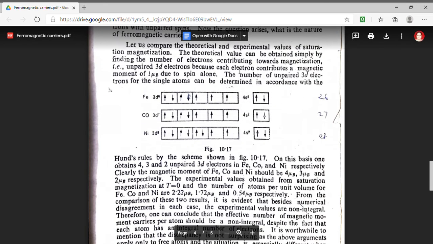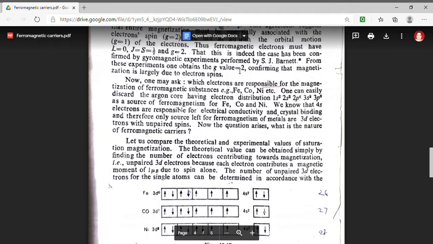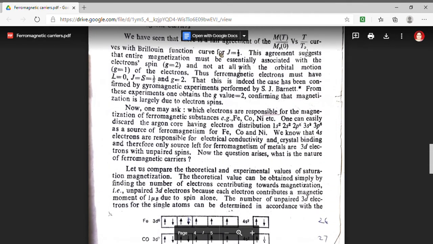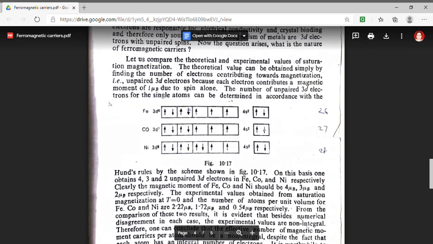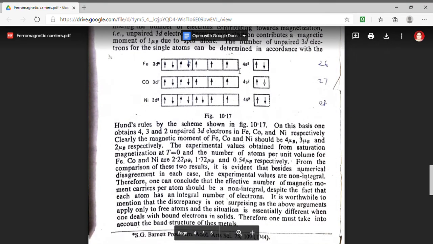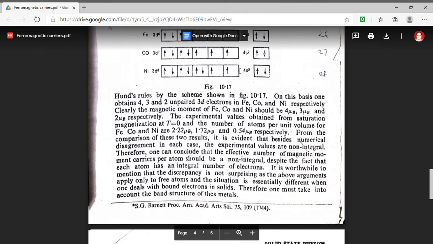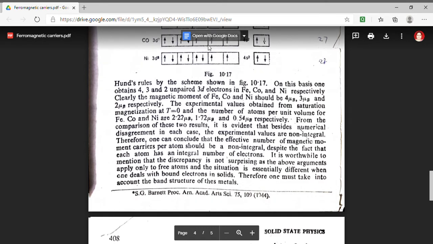And to determine the magnetization, we know that each unpaired electron contributes a magnetic moment of 1 mu b. And we have determined the number of unpaired electrons from Hund rule. The number of unpaired electrons in iron is 4, in cobalt is 3 and in nickel is 2.